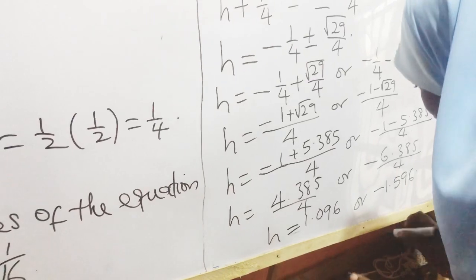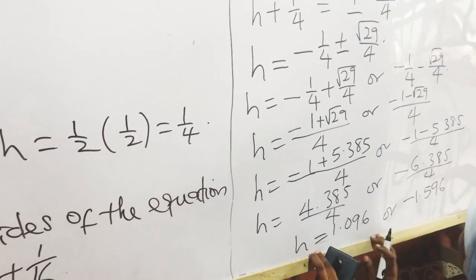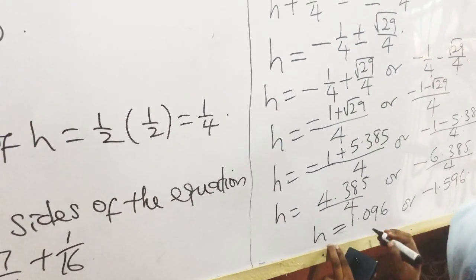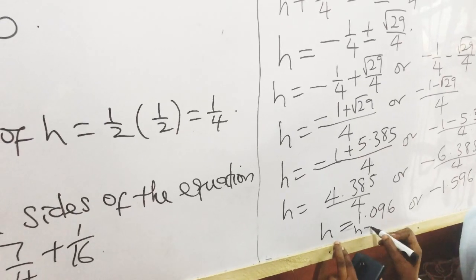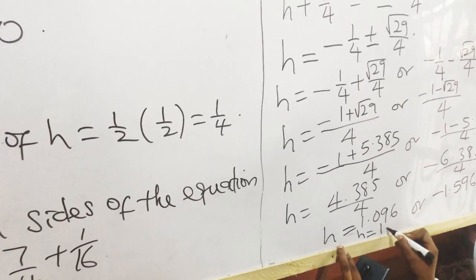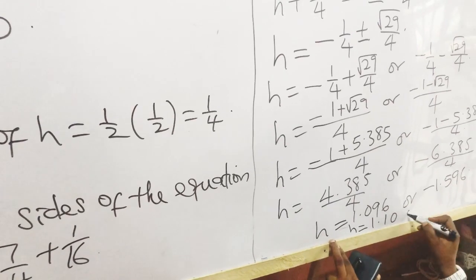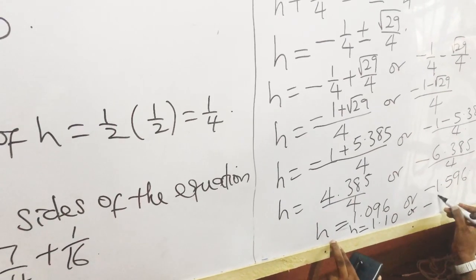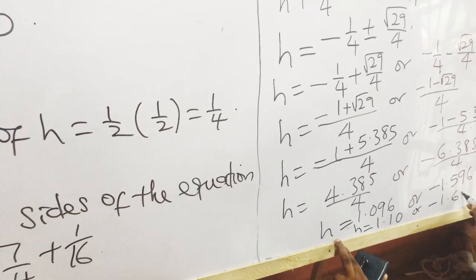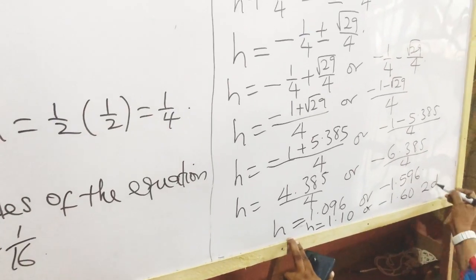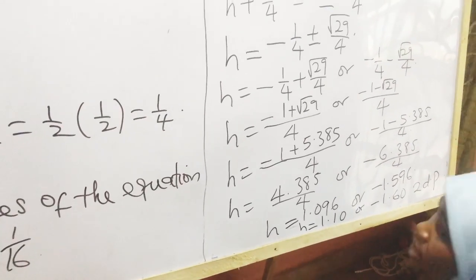So that is the answer. We want to take it to 2 decimal places. So h is equal to 1.10, or minus 1.60, to 2 decimal places, and that is our answer.